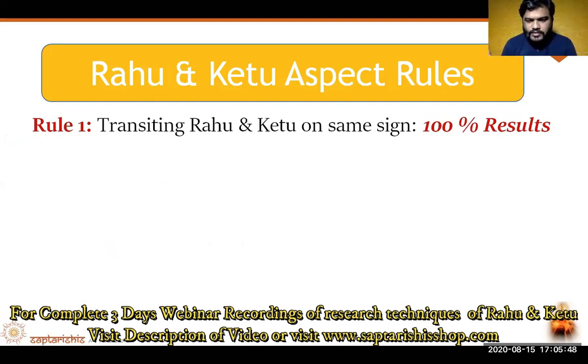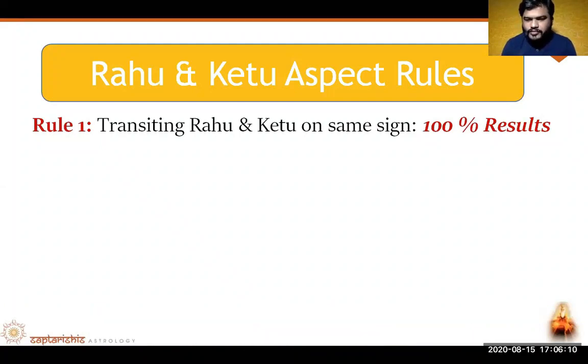The first rule is that when transiting Rahu and Ketu are on the same sign, it will give 100% result. Suppose Rahu is in the third house in your natal chart and Ketu is in the ninth house. Whenever the transiting Rahu reaches the third house, it will give 100% result. This is the first rule, very easy.